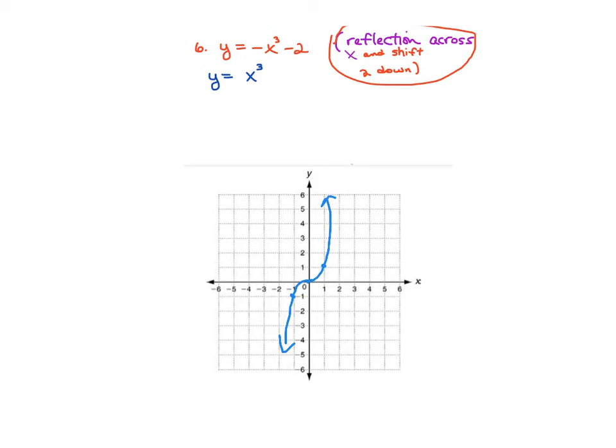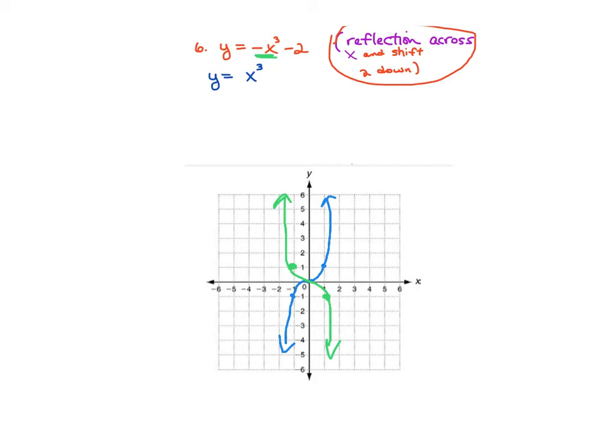Now we're going to take that original and reflect it across the x-axis. So my reflection will look like this. When I graph the reflection, I'll put a point here and here, and the reflection will look like this. And now, in addition to reflecting it, which is indicated by the negative sign, we're also going to shift this graph 2 units down.